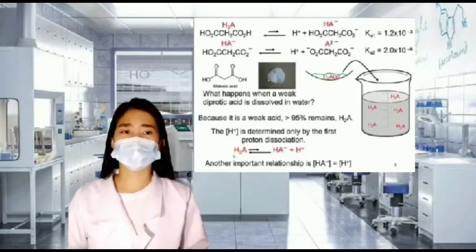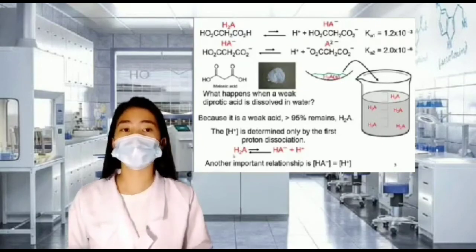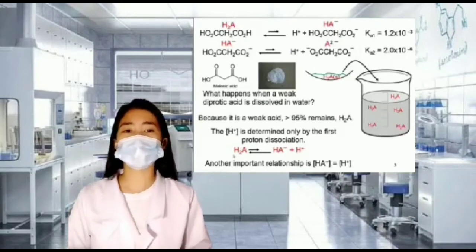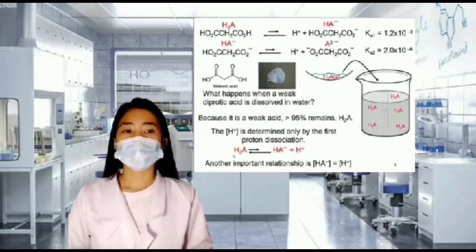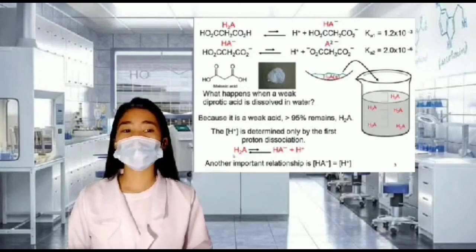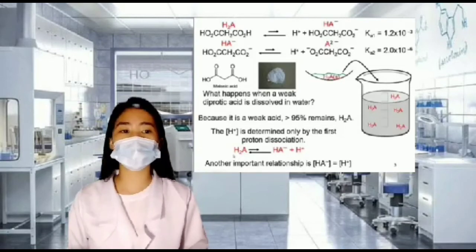Another observation is that the HA negative concentration and the H plus concentration will be equal in our solution, and there's a consequence to this equality that we explore. A2 negative is only produced in the second equilibrium.